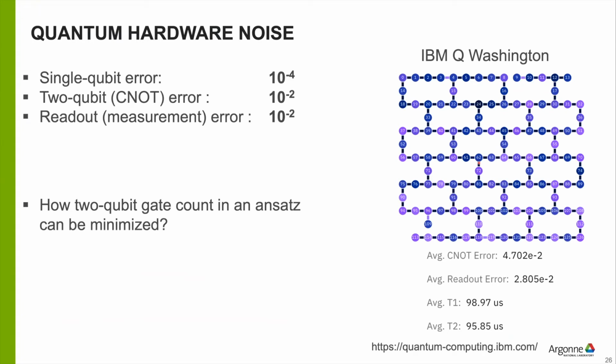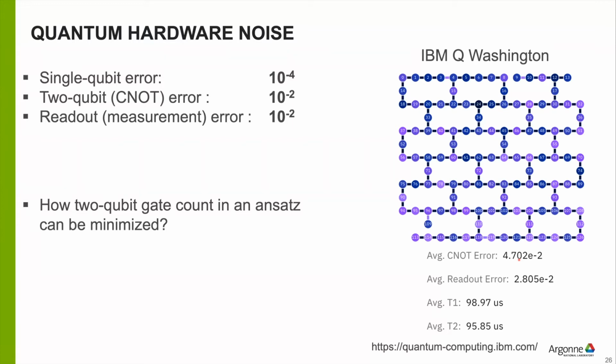So for example, this is the IBM Washington device that has 127 qubits. And this was taken from the IBM website yesterday. The average CNOT error is roughly 5%. And so the more of these gates you have in your circuit, you can imagine that it won't take a lot of CNOT gates to basically get a result that's completely nonsensical.